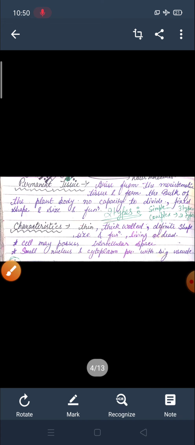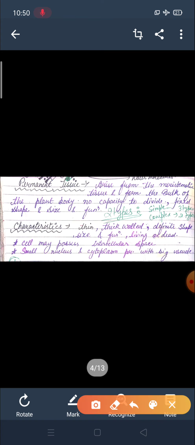Let's first understand the characteristics of the permanent tissue. They are thin or thick walled, with definite shape, size and function, living and sometimes dead. Cells may possess intercellular spaces, and a small nucleus and cytoplasm are present with a big vacuole.